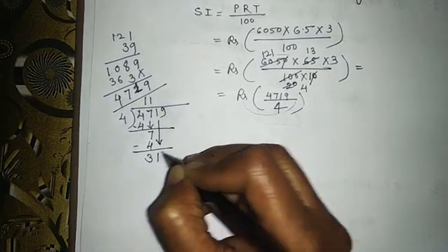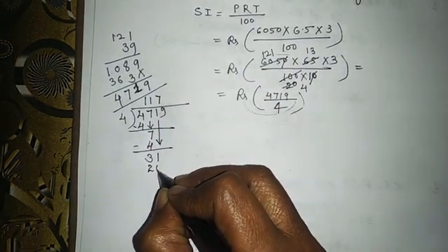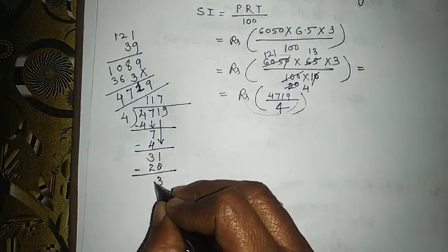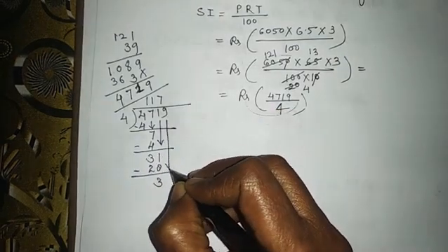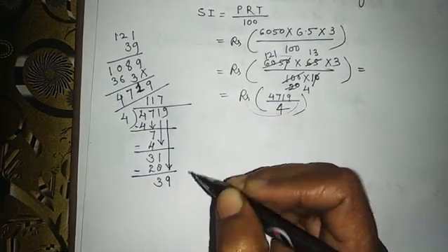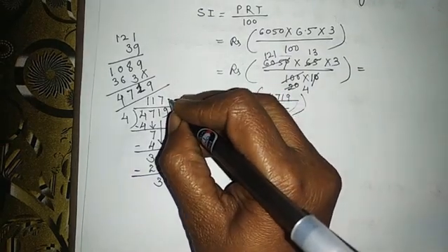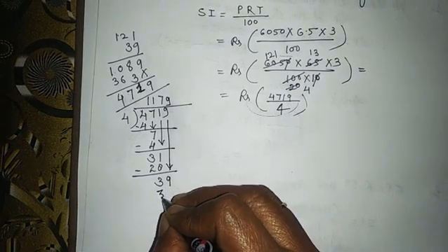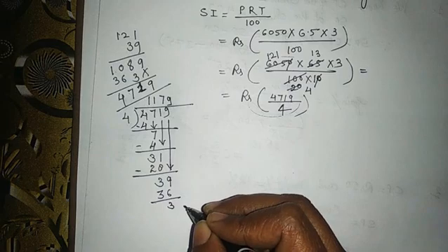And now this one we will write: 4 sevens are 28. And here 31 minus 28 is 3. Now this 9 we will note down from here. Now 4 nines are 36. 9 minus 6 is 3.